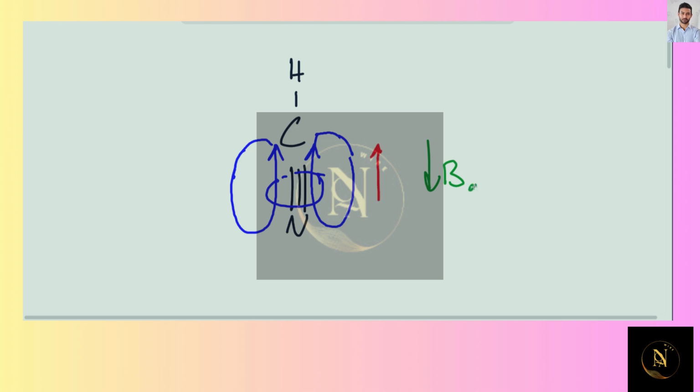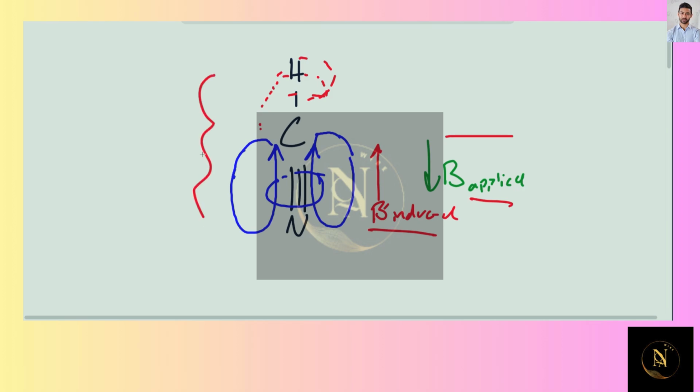So this is the applied, and this is the induced, but the generated B field will oppose the applied B field. So this is essentially having a shielding effect. It's not literally shielding because it's not like putting electrons around the proton. It's just generating a magnetic field which opposes the applied field.